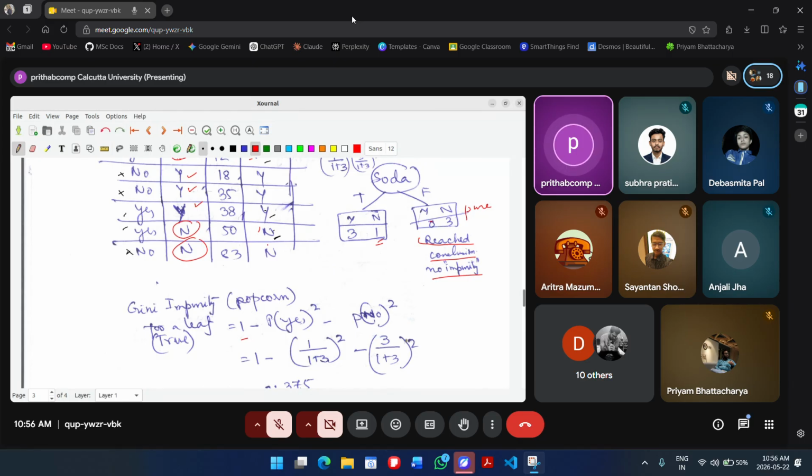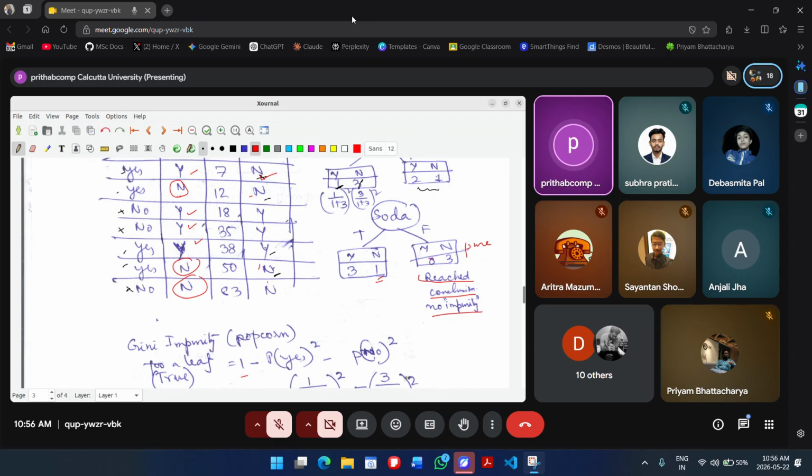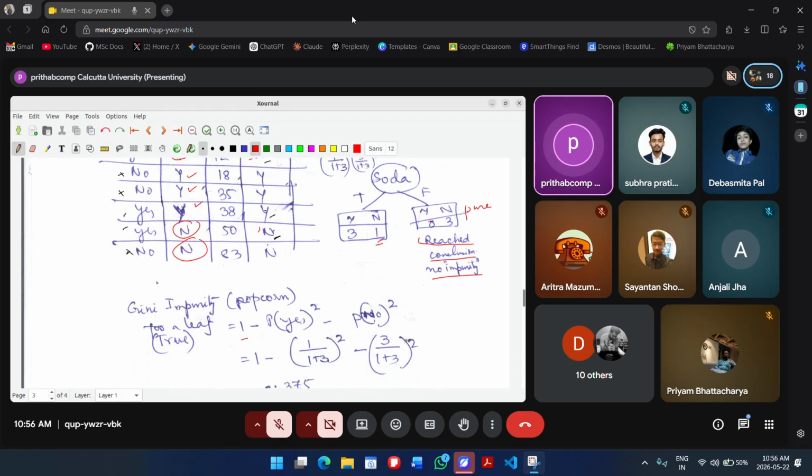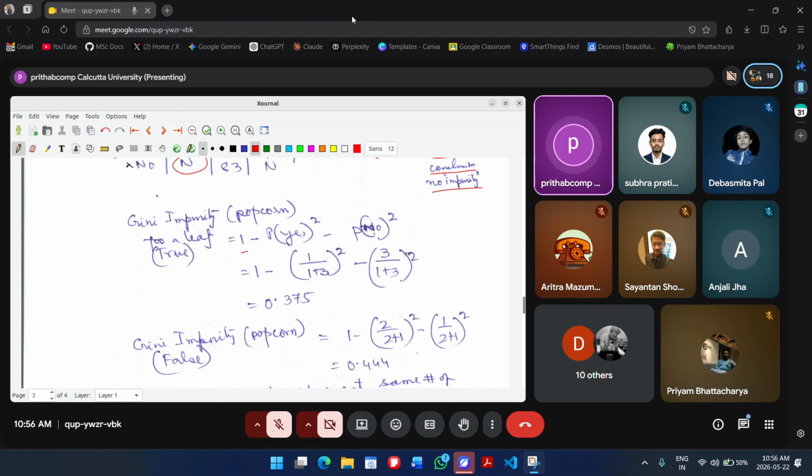So probability of yes square or probability of no square. Okay. So in the popcorn side, probability of yes is 1 divided by 4. Probability of no is 3 divided by 4. Right. So that is what is written over here. And so it came out to be this 0.375.